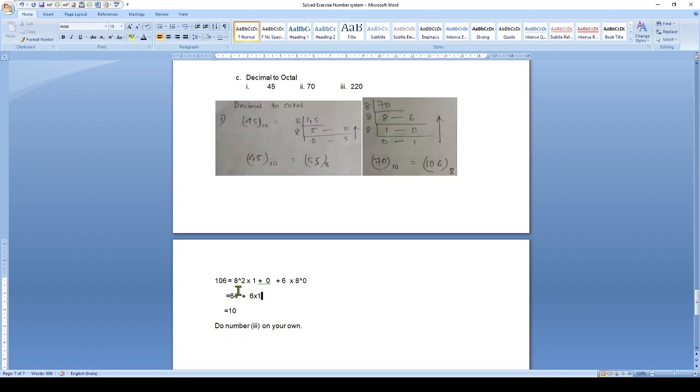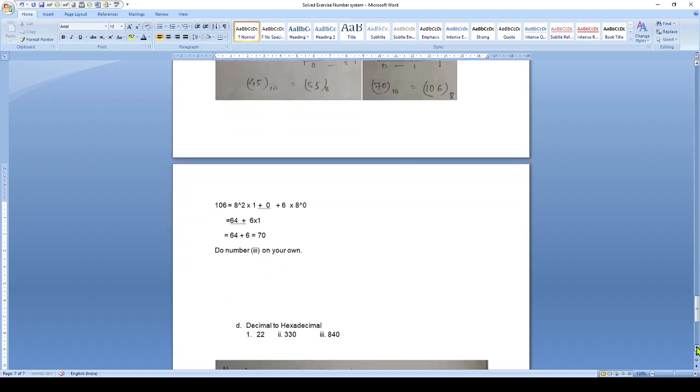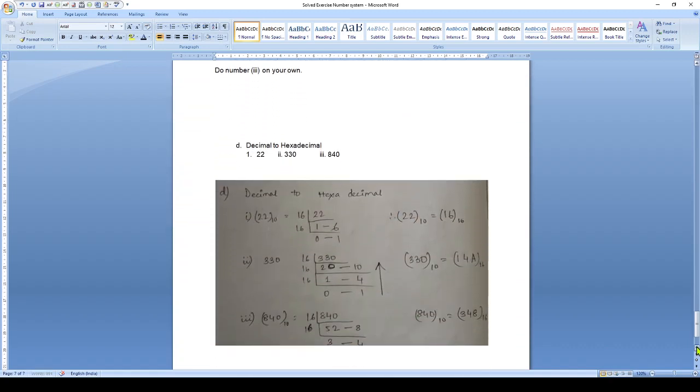So the value is 64 plus 6, which is 70. So 70 you have got in decimal. Like that you can cross check, okay, and do the third one on your own.